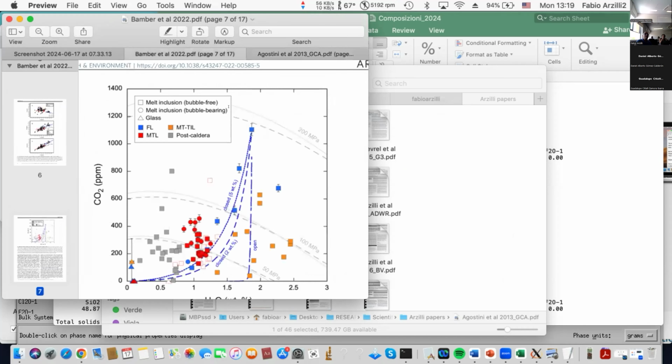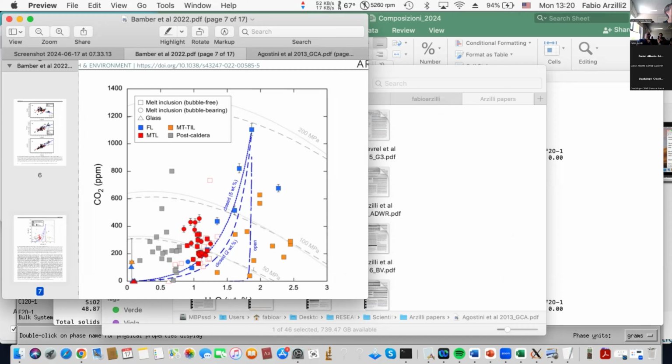Because the point is that this curve will go to 0 for CO2 when we reach the maximum saturation of water for that pressure. So when just water will dominate as a fluid in the system. So basically, in this basalt, that is a more evolved basalt than what we are simulating, at 50 megapascal, so at 2.2, more or less, it is just water saturated there.